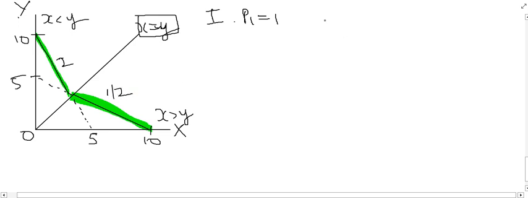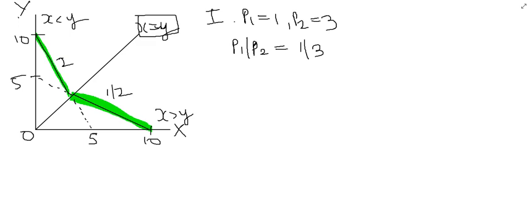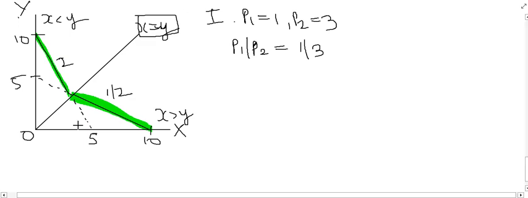So let us take price p1 as 1 and p2 as 3. Okay, so our price ratio equals 1 by 3. Where would the budget line lie? It would lie somewhere here, since it is flatter than 1 by 2 also.